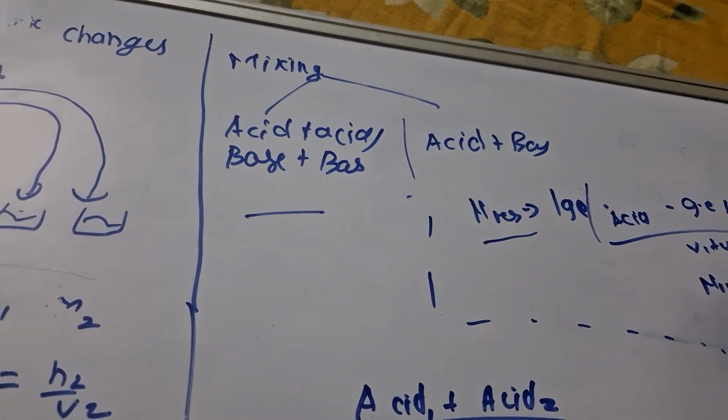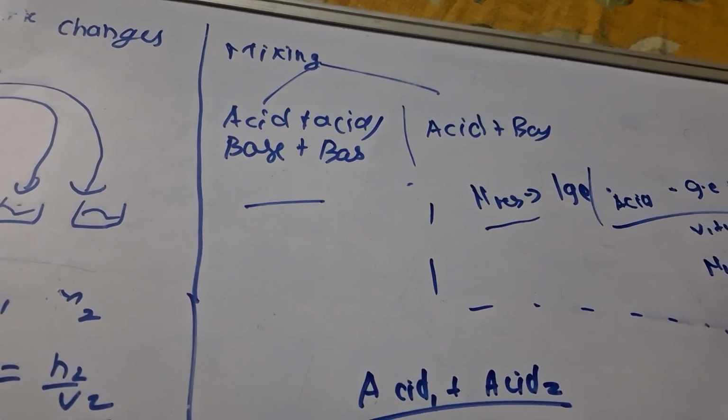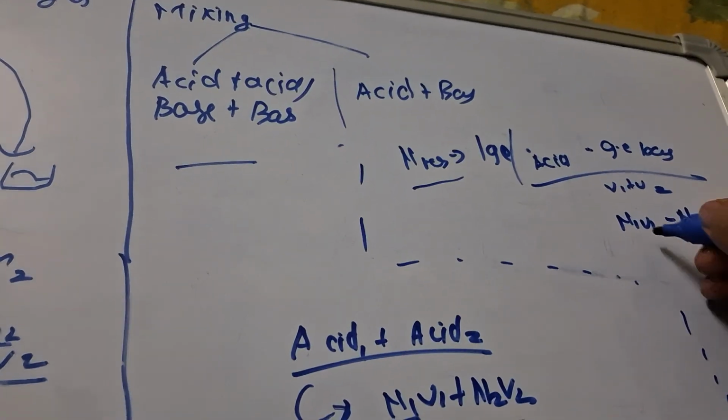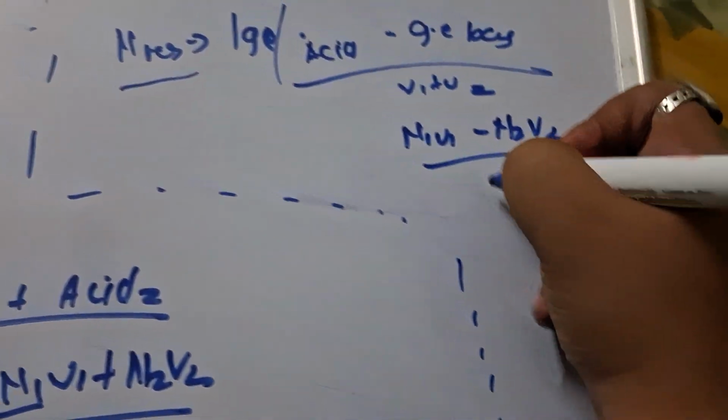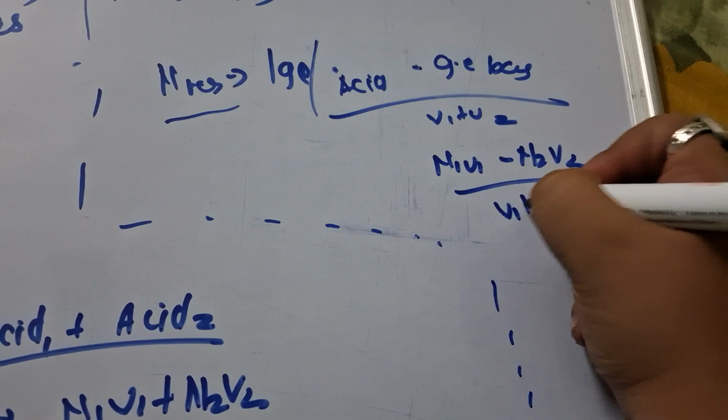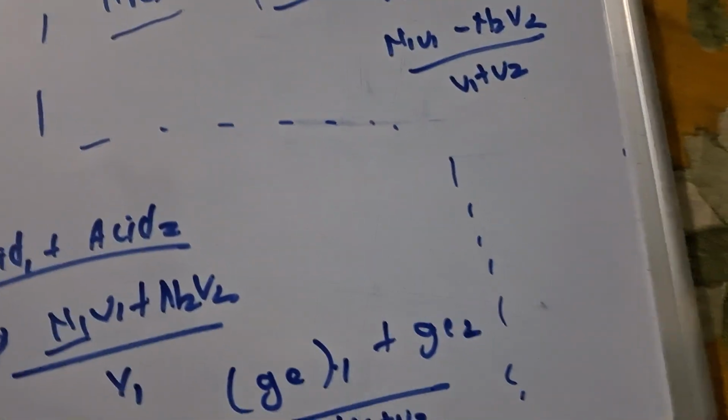This is (N1V1 minus N2V2) upon (V1 plus V2).